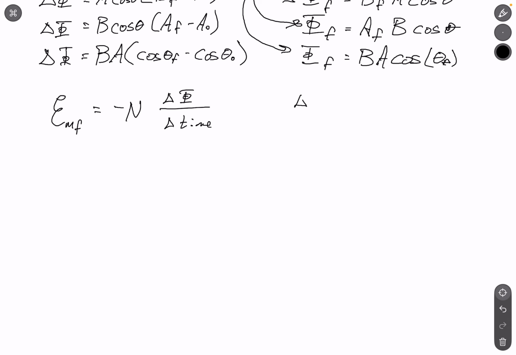All right, well, delta time, you can't go wrong there, right? So delta time is just T final minus T initial, and often T initial is 0, so it just really equals T final, right? Because you're starting at T0, and that's fine.